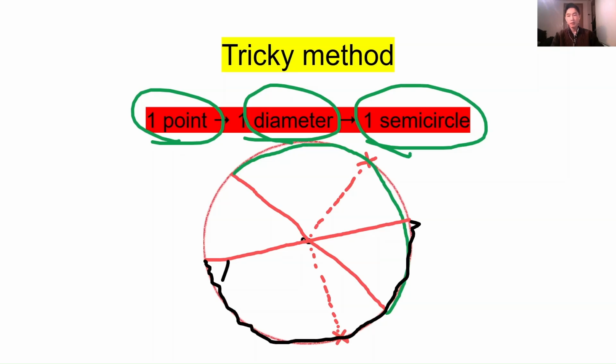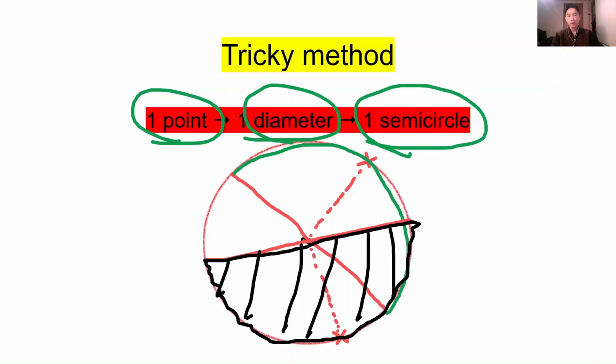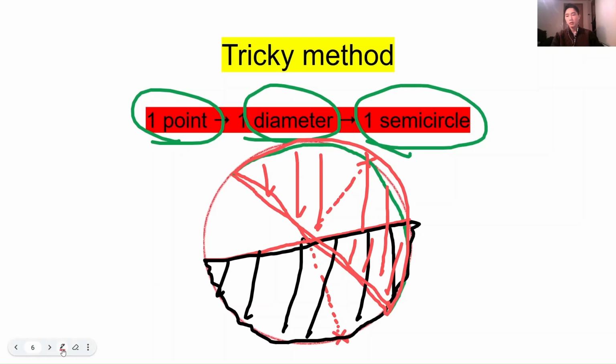And then what happened? For this second point, we have this semicircle area. And for this first point, we have this semicircle area. So now we can see an overlapped area here, right?